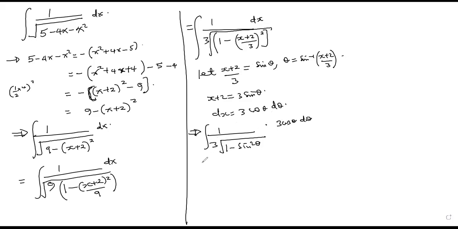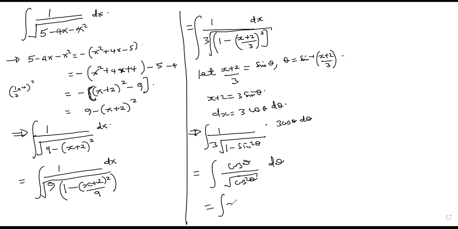So this one will cancel, and you have the integral of cos theta over root of cos squared theta, then d theta. This reduces to d theta, because cos squared theta under root is cos theta. When you cancel it, it becomes d theta.